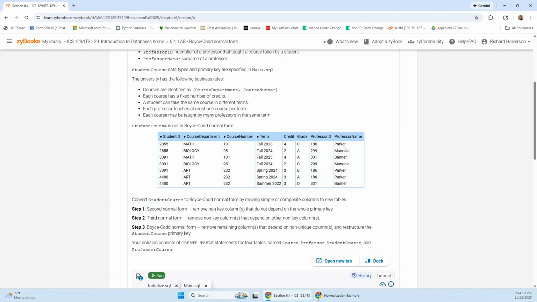So here we have two columns which happen to be part of the primary key, and they depend on partially a non-key column.